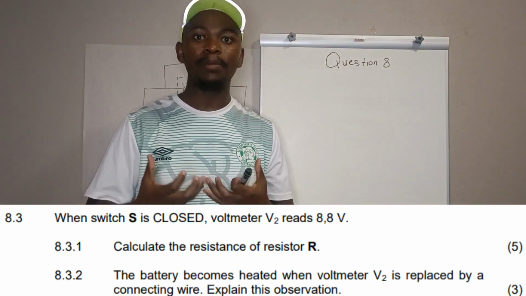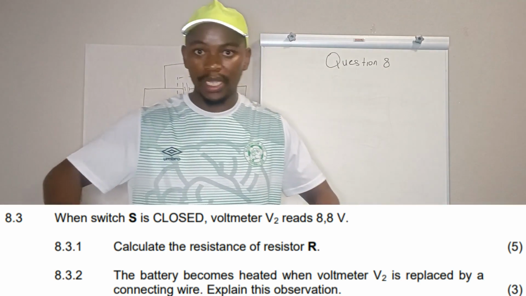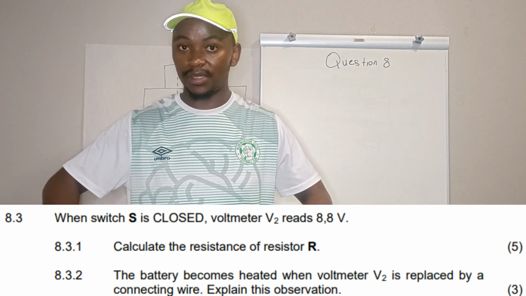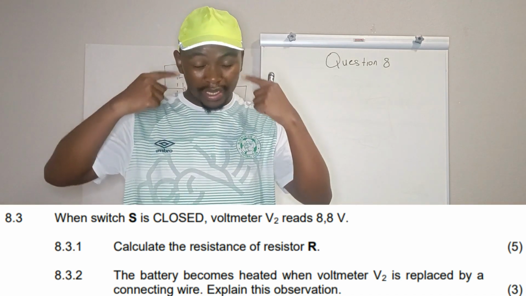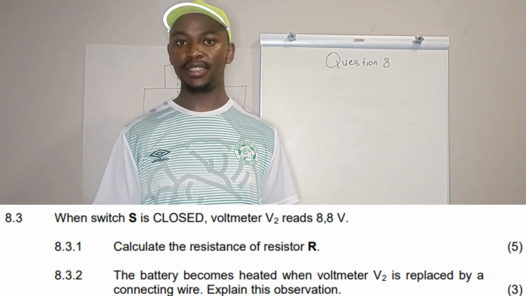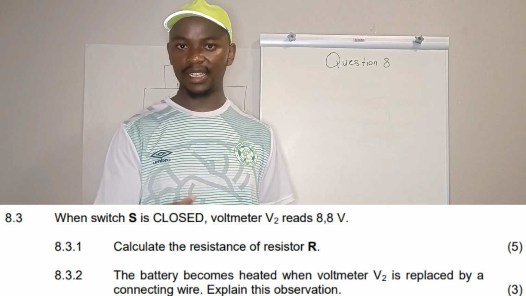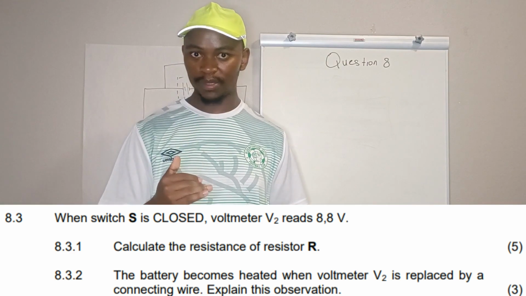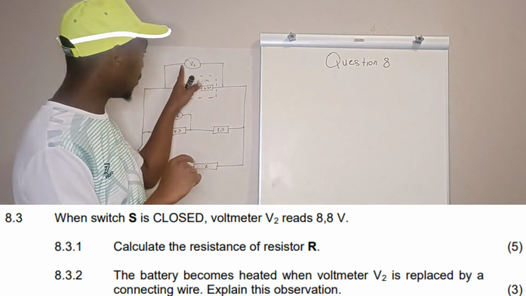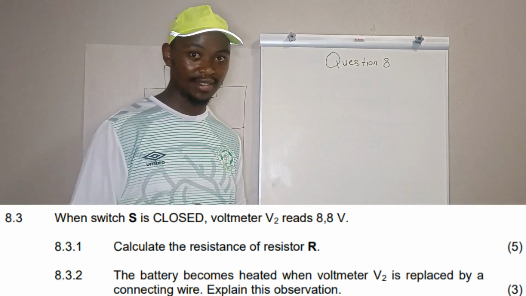Over time, it builds up an internal resistance. When you hook it up on a circuit and you're measuring the potential difference across the battery, in actual sense, it should be 10 volts. It shouldn't just change. But now that you are measuring it, having the internal resistor, it means it has dropped now. And that is what V2 is measuring. That is the voltage that goes to your external circuit.